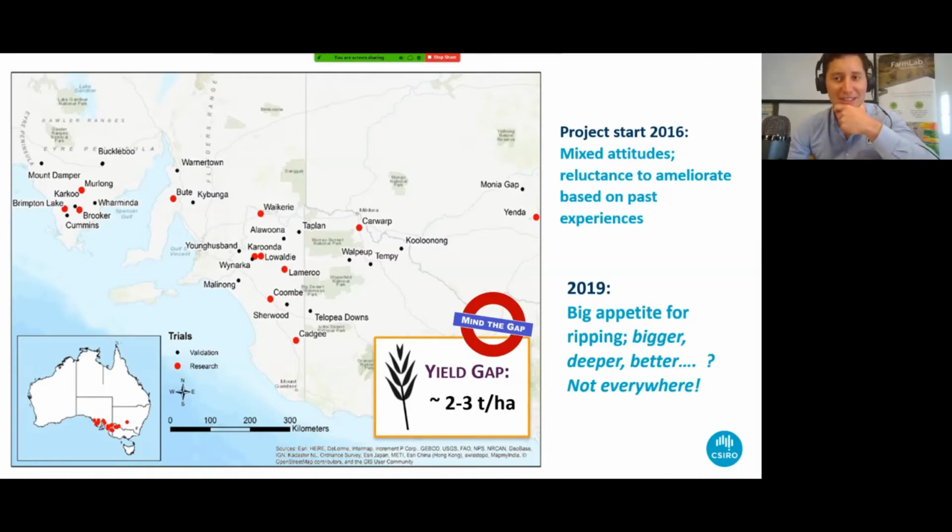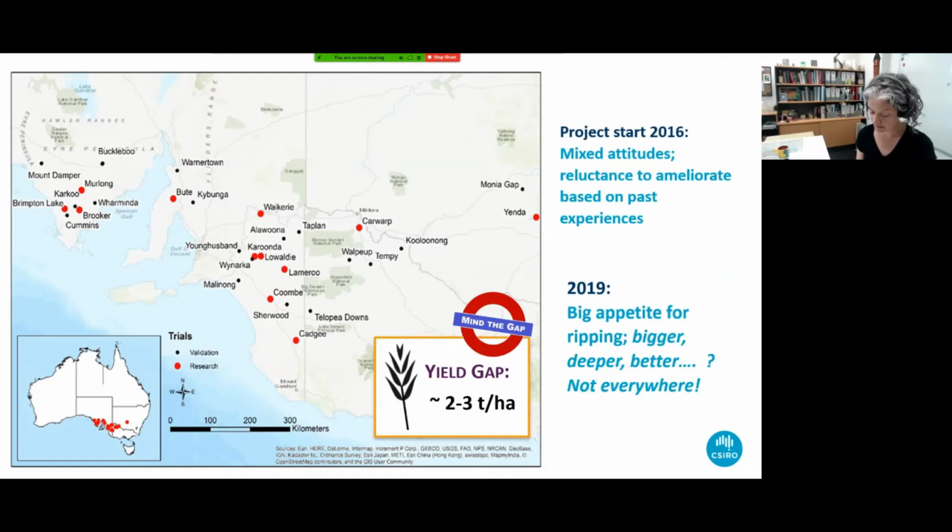So just on this slide, Lynn, what you're saying is the yield gap is an average of 2 to 3 tonnes per hectare? We have estimated it at the moment, and I would say that yield gap estimates tend to be a bit rubbery around the edges.